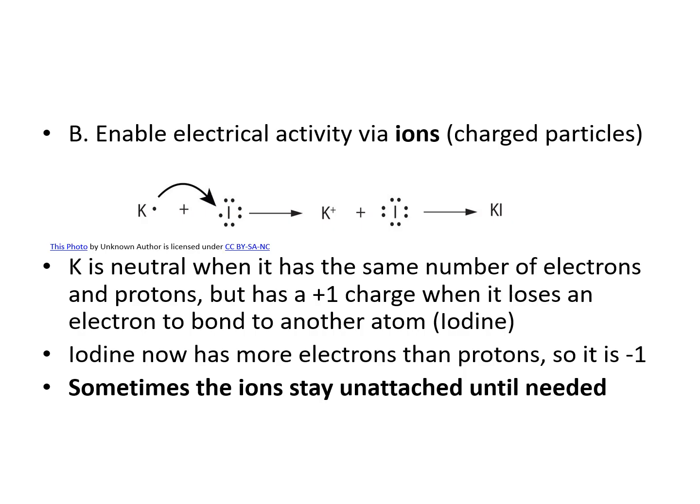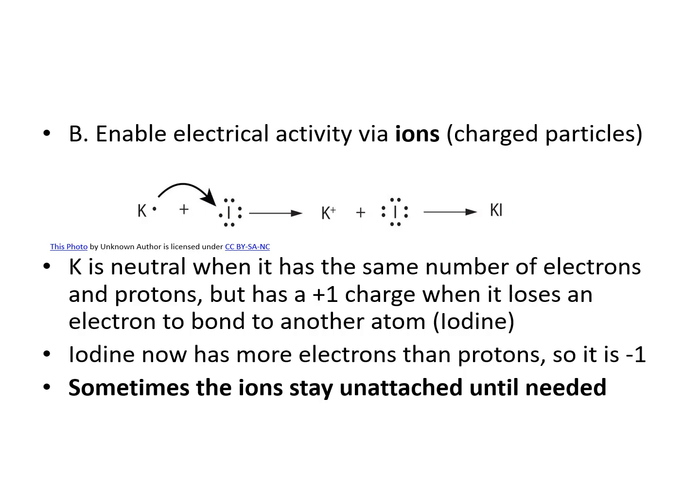Your thyroid, as an organ in your neck, needs iodine to function correctly, and it needs it in the form of an ion. So when we have ionic compounds that we're ingesting or making in our body, we can break them down as necessary to get the individual ions that we need.